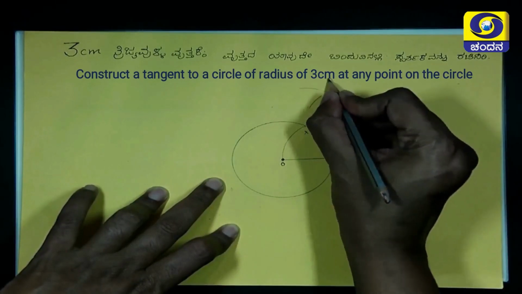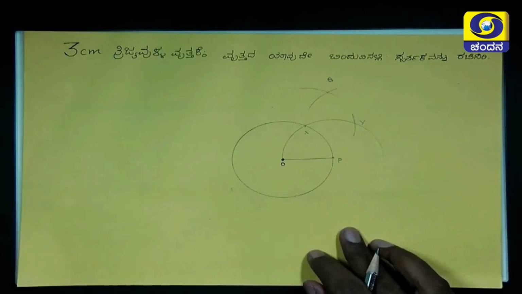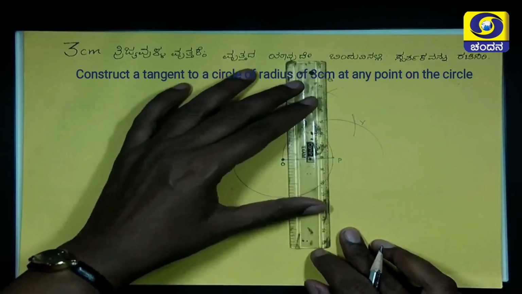PQ is the tangent drawn at the point P to the circle O.